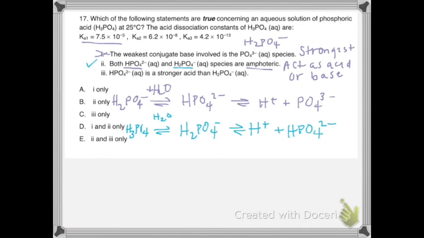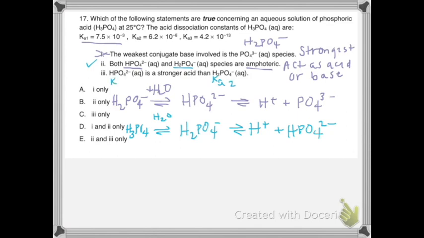Looking at the third statement, saying HPO4 2 minus is a stronger acid than H2PO4 minus. And there's a couple of ways to think about this. And one is just by simply looking at the Kas. So the dissociation of H2PO4 minus would be Ka2.